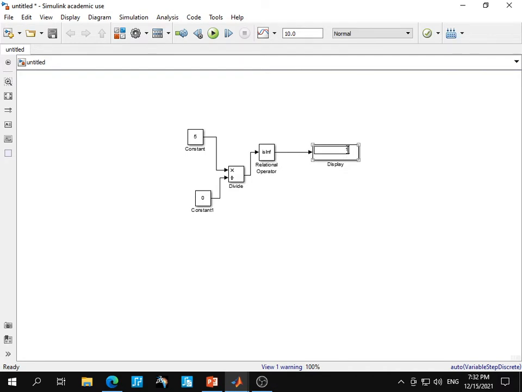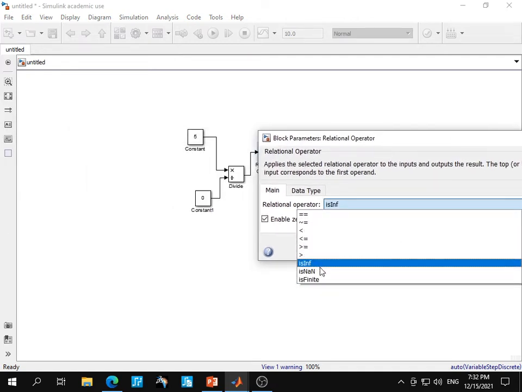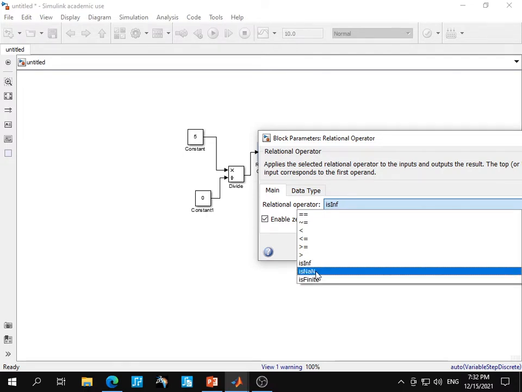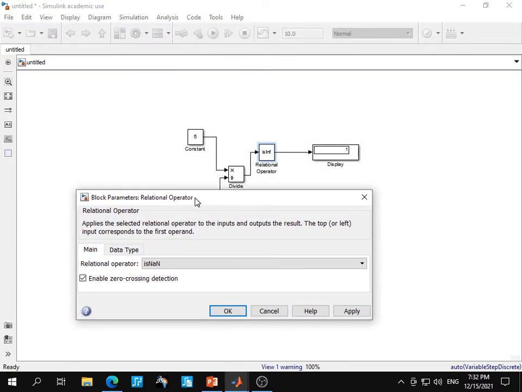So it displays true to you. And also you have the option to check if it's finite. And this NaN means it wants to check if it's a number.